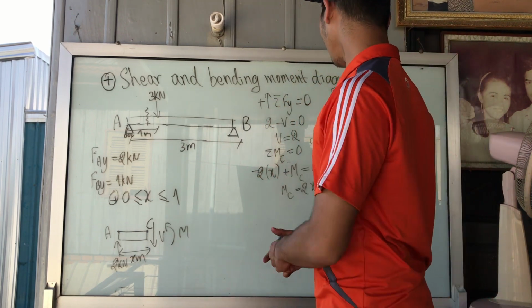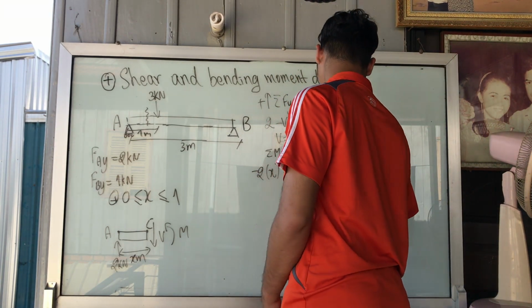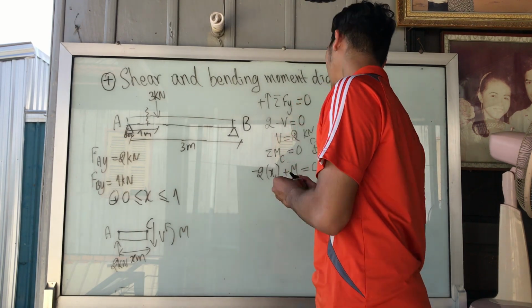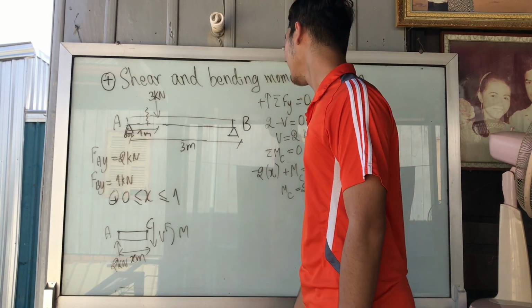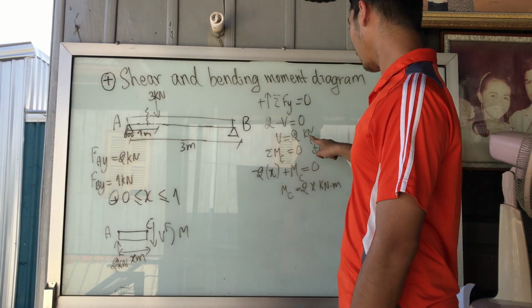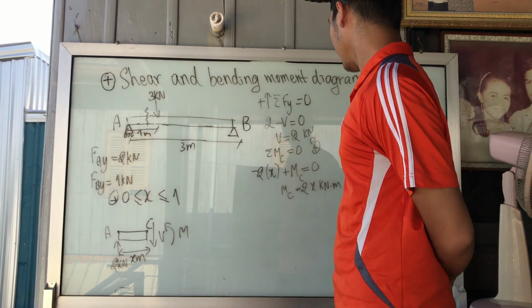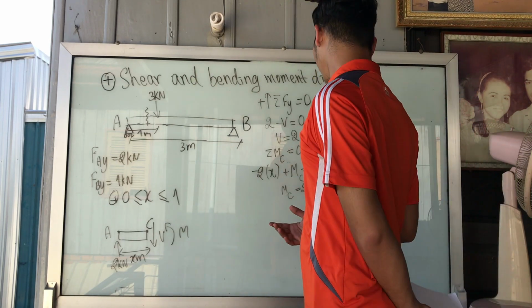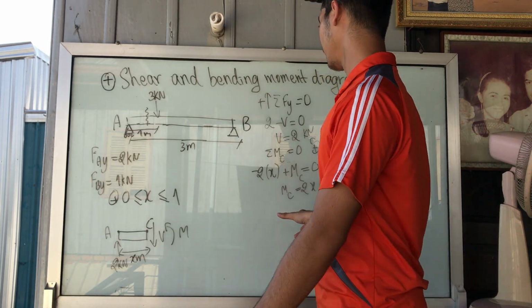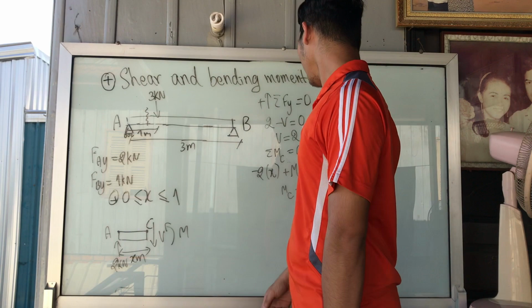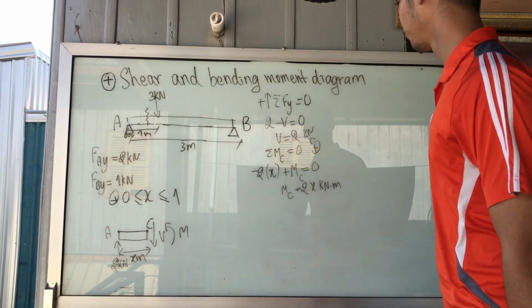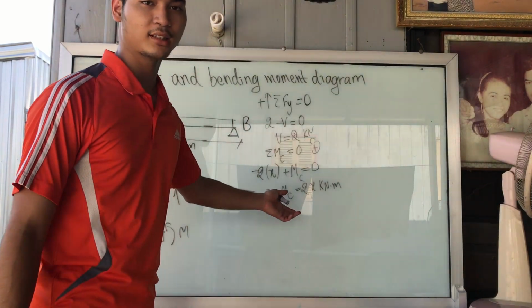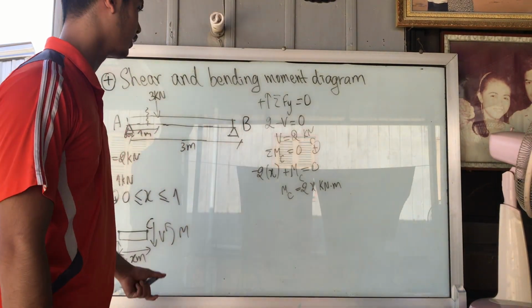So the shear force between 0 and 1 is 2 kilonewton, and the moment between 0 and 1 is 2x. Okay. This is our first position for X.